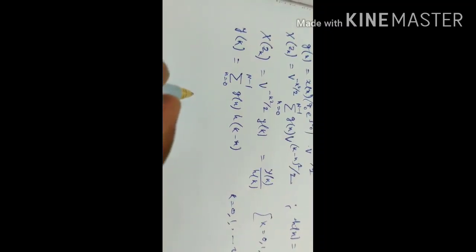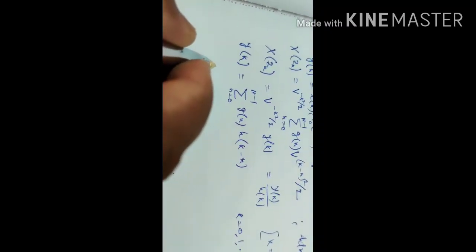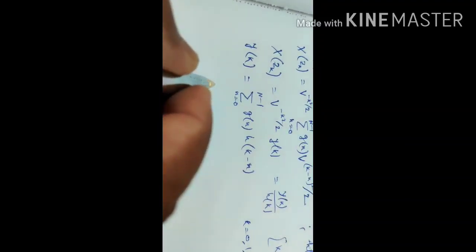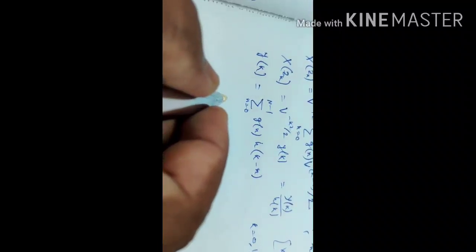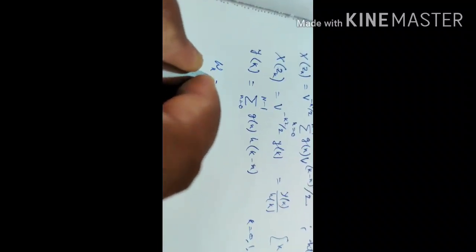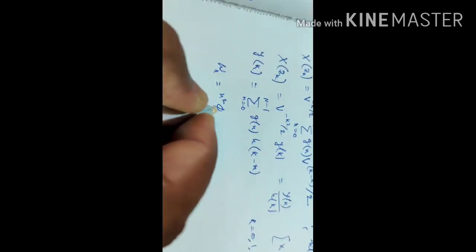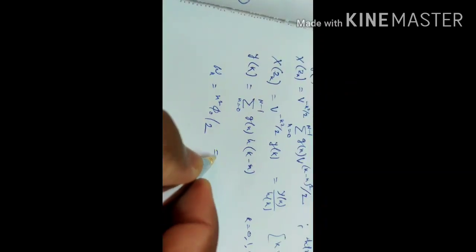So the sequence hn with r0 equal to 1 has a form of a complex exponential with argument omega n, that will be n square phi 0 by 2.